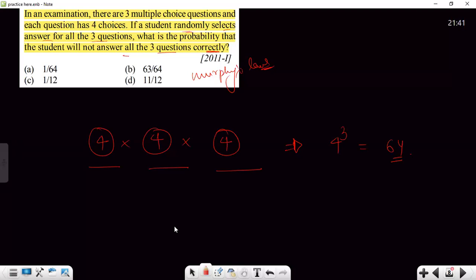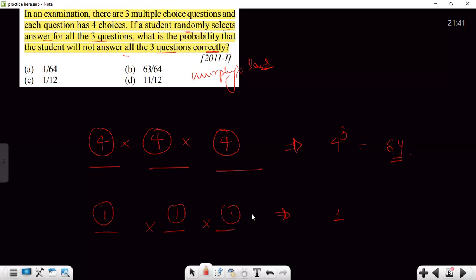How many correct answers will be there for a question from a multiple choice question? There's only one correct answer. One correct answer for this also, one correct answer for this also. So how many ways to fill these three questions correctly? All correctly, one raised to three, that is one.